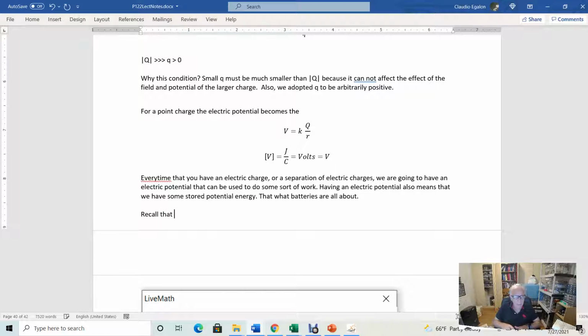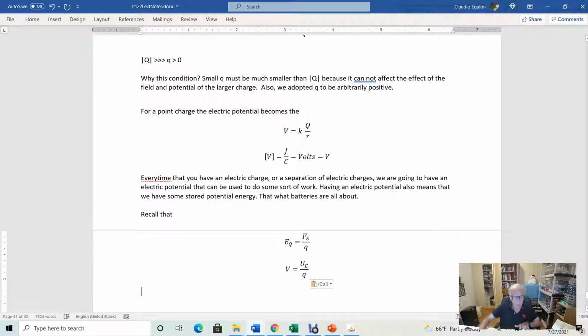Recall that the electric force is going to be Q times E. Likewise, the electric potential energy is going to be the charge times the electric potential.